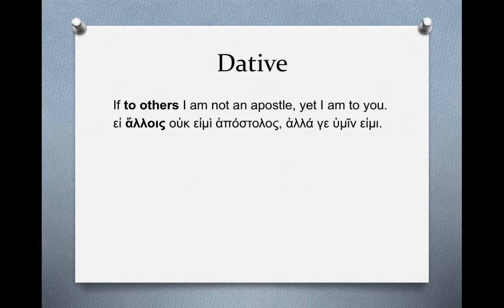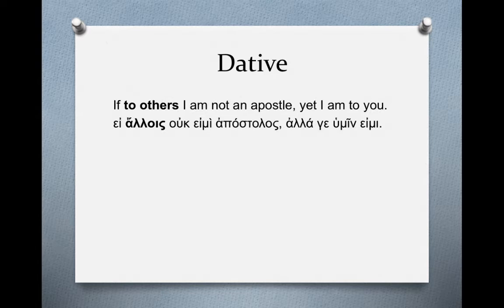The dative case. This example would be translated, if to others I am not an apostle, yet I am to you. Alois is from allos, which means other or another. But if we look at the ending, you say, okay, that's the dative plural ending, and the key word for the dative is to.